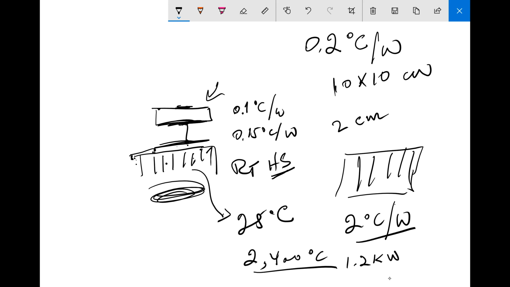Now, 1250 watts times 0.2 is 250 degrees centigrade. Way too high too. So what can be done? Well, the only way would be to use some other means of cooling.